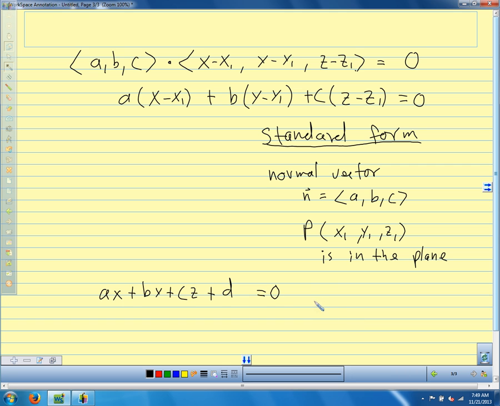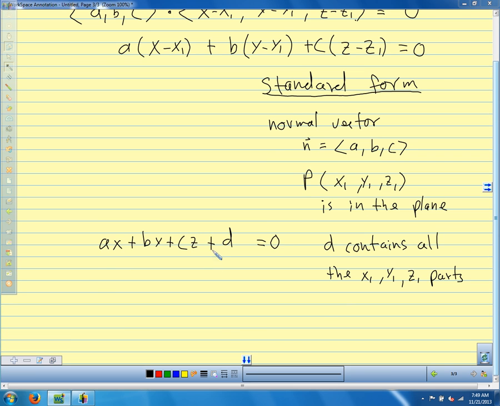This is called the general form, and we'll see our equation of a plane written in this form as well.